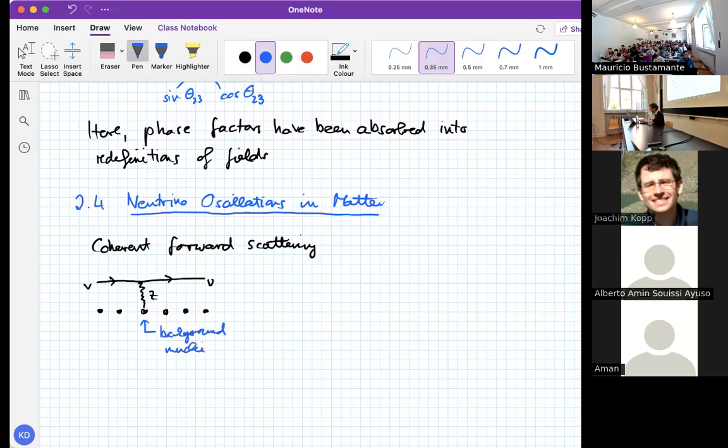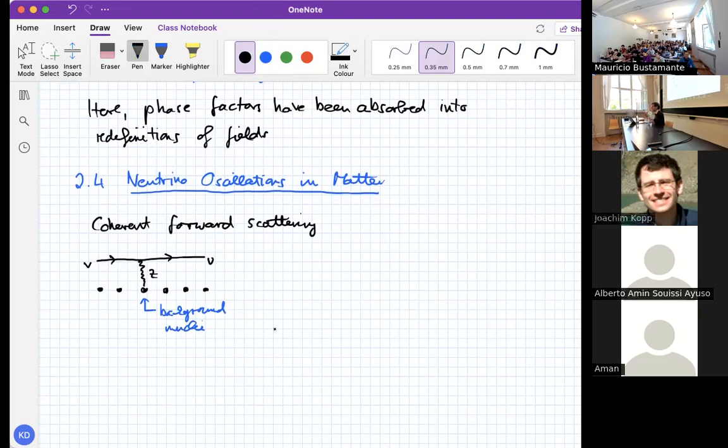And because it can happen without the neutrino changing its momentum, I can in principle not tell, first of all, whether the process has happened or not. And if it happens, I cannot tell with which nucleus the neutrino has interacted. So I need to coherently sum over all possibilities.